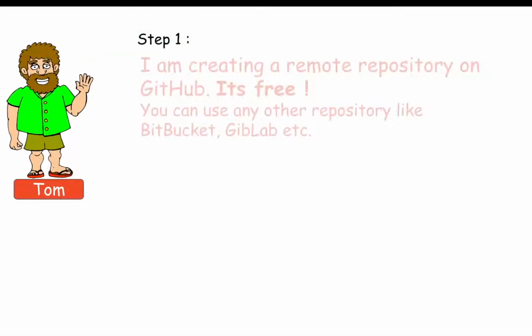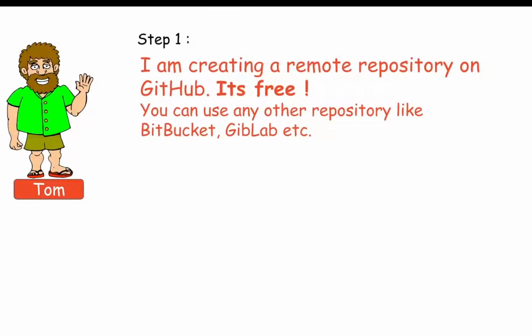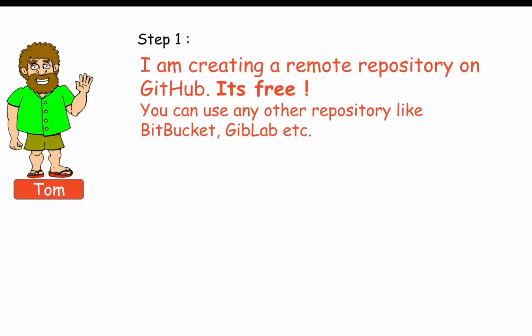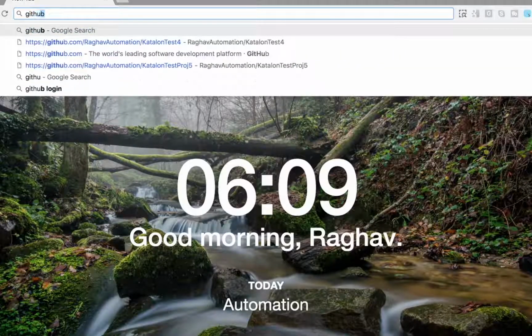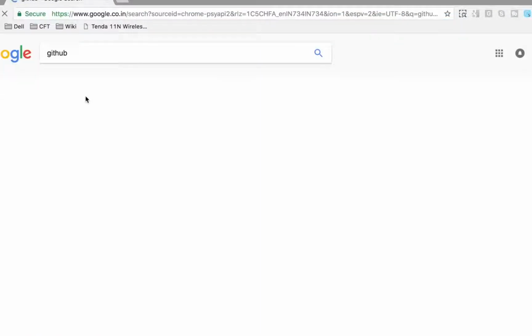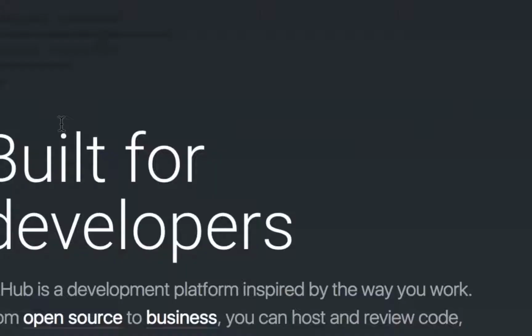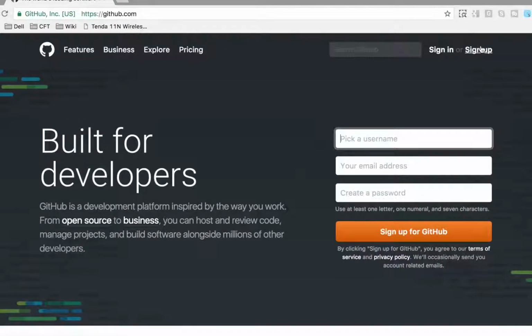So now let us go to step 1, and we have to create a repository on GitHub. You can also use Bitbucket or GitLab or any other remote repository. So let us go to our browser and search GitHub, and I'm going to this very first option, github.com, and here you can sign up or sign in if you already have an account.